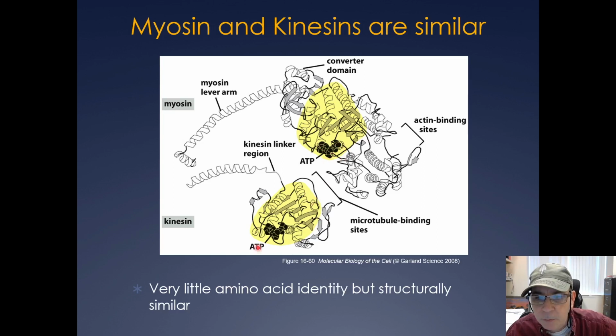You can see ATP is bound in both. So there's very little amino acid identity between the motor proteins, but structurally they're very similar. And this goes back to lecture 3, where I was telling you guys about how certain domains are used over and over again, and this is an example where the ATP binding domain is used in both motor proteins, even though there's very little amino acid identity between the two of them.